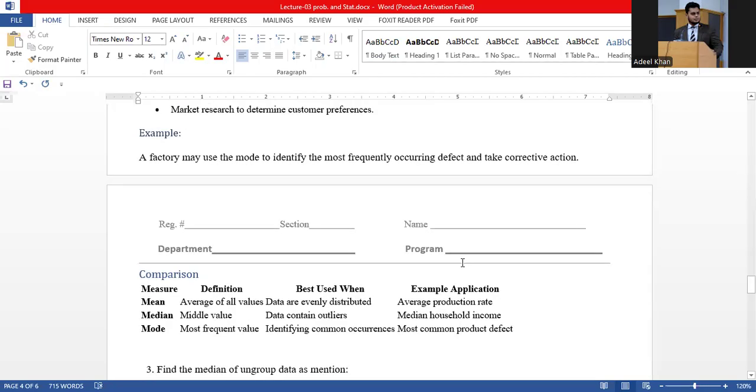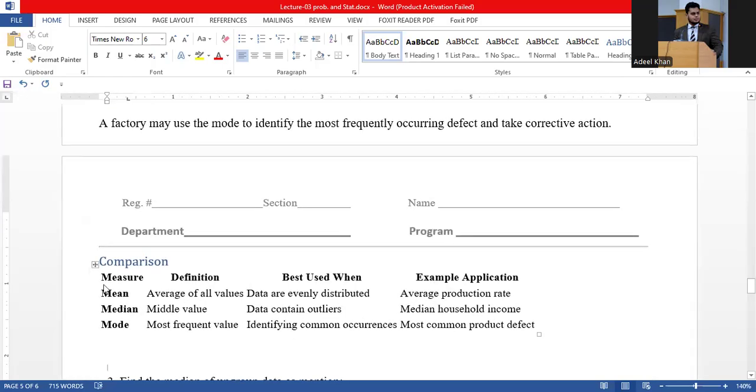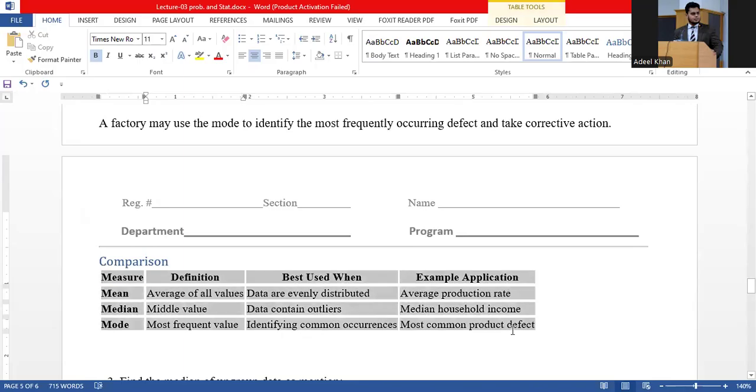Further, coming towards the comparison of this aspect, so it's the kind of data, measure definition, best used when, and example application.